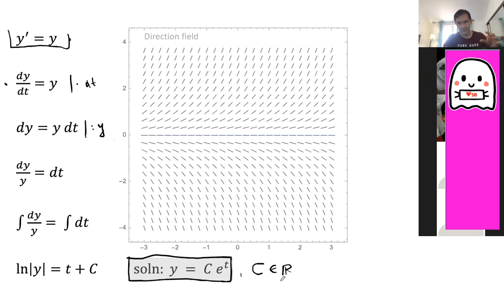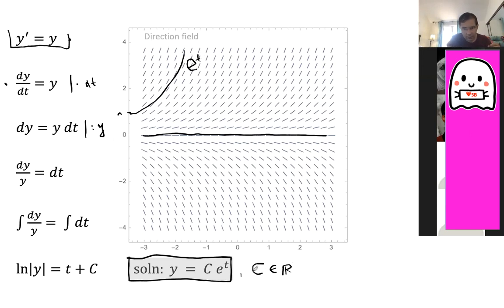By this I mean the collection of all real numbers, and this statement means that c is any number, positive, negative, or 0. When c is equal to 0, that gives me the constant function 0. This function is a solution to this differential equation. When c is equal to 1, I have the solution e to the t.